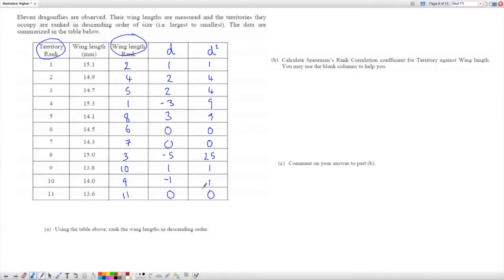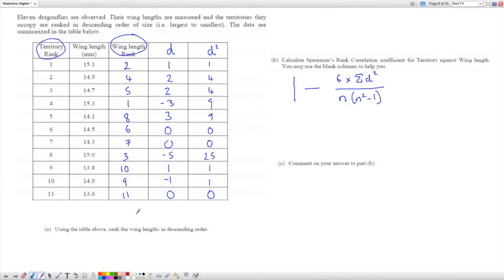To be able to calculate Spearman's rank correlation coefficient, we are going to use our formula as shown here: 1 subtract 6 times the sum of d squared divided by n bracket n squared minus 1.